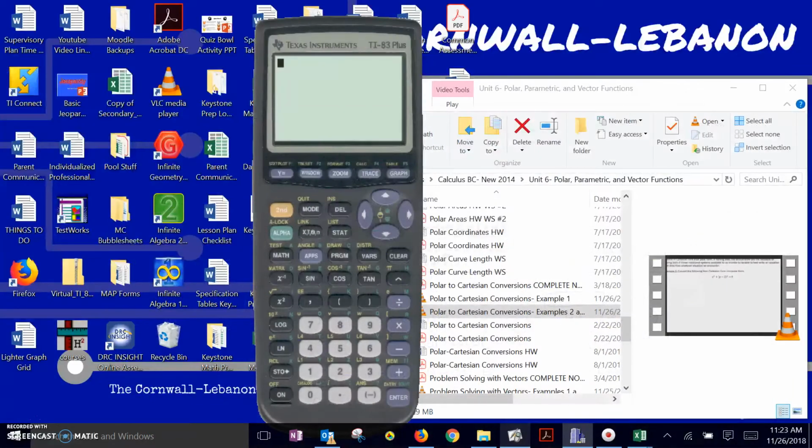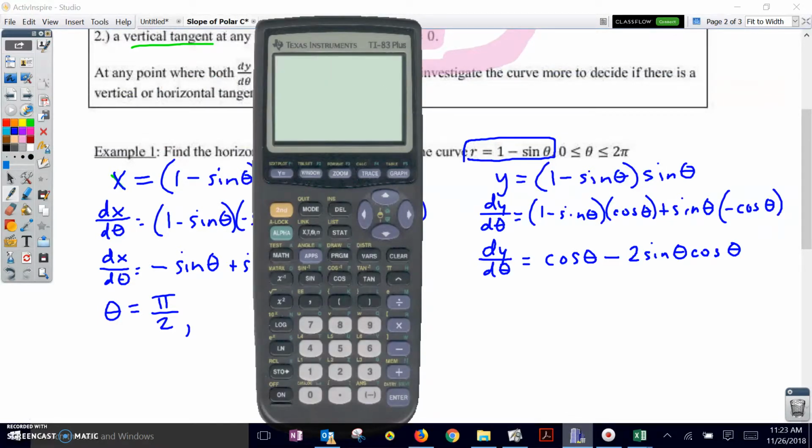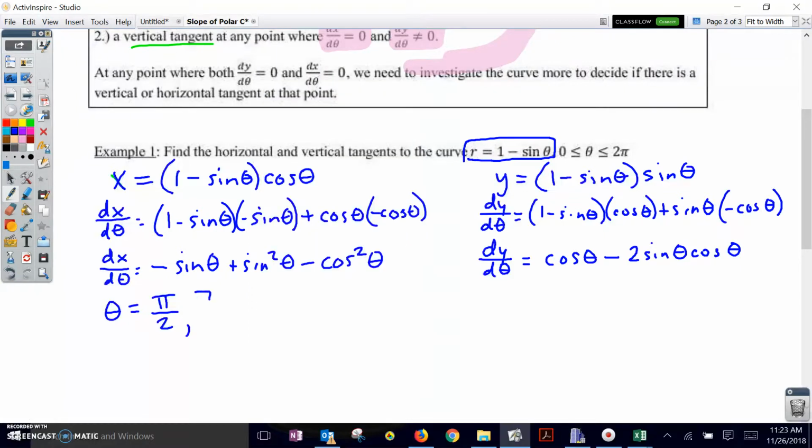Let's see where else we've got here. We've got a 0 at .665, which, if you don't recognize it, that is 7 pi over 6.